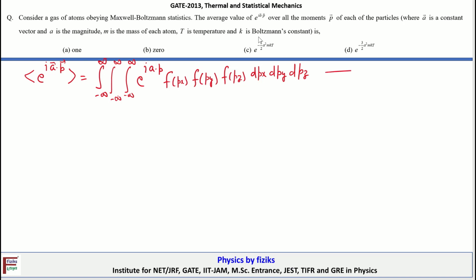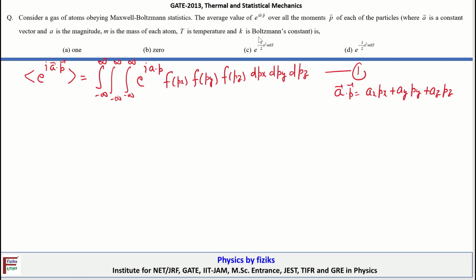So in principle we can separate each individual x, y and z component. Here it should be noted that a dot p is equal to ax px plus ay py plus az pz.